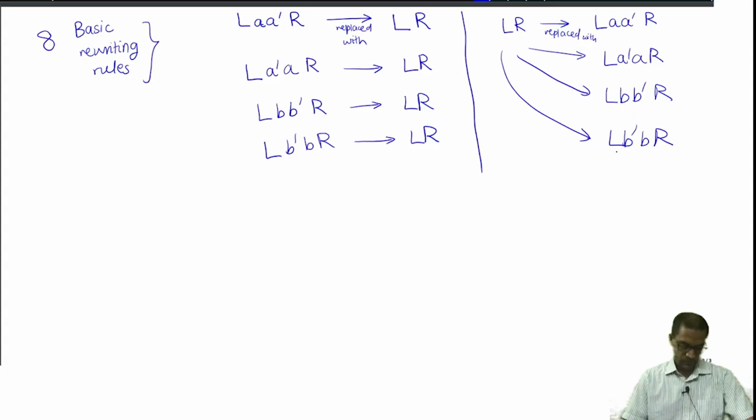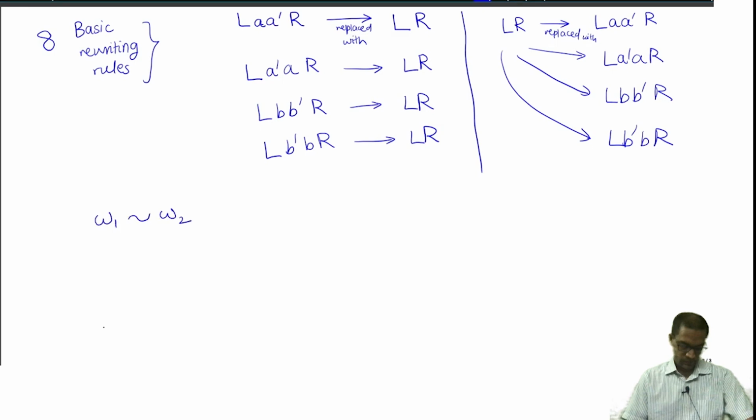Now using any of these 8 basic rewriting rules in sequence, you are allowed to use them again and again, one after the other, in any order you want. Starting from a word W1, if you can somehow obtain W2, going back to our definition, we said W1 is equivalent to W2.